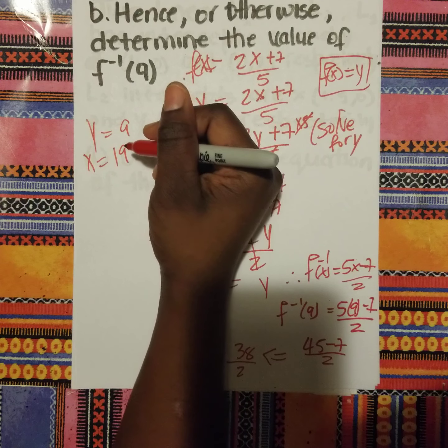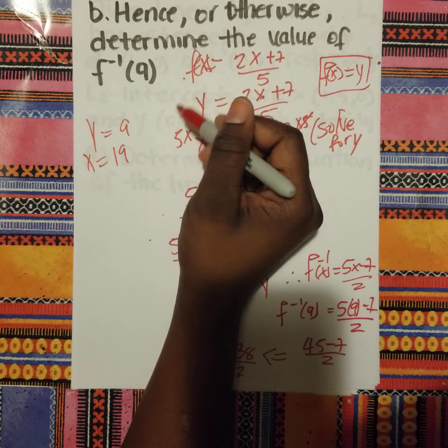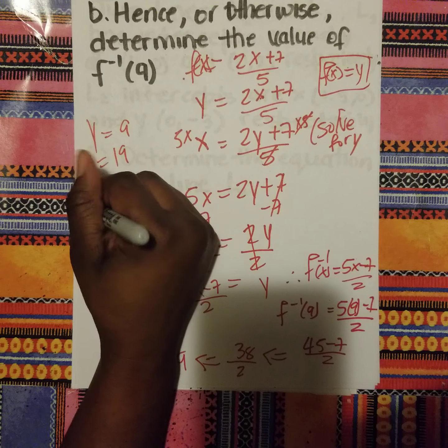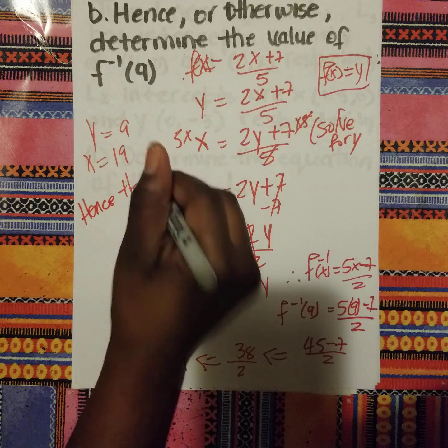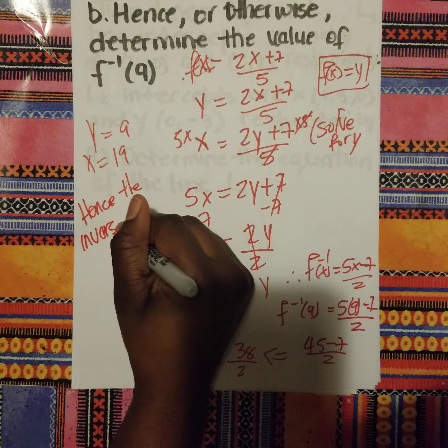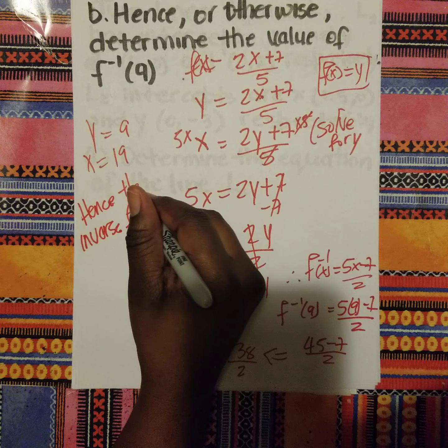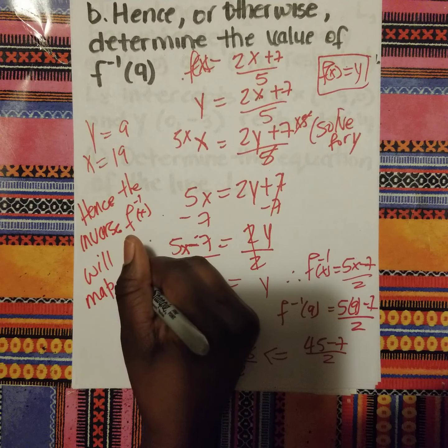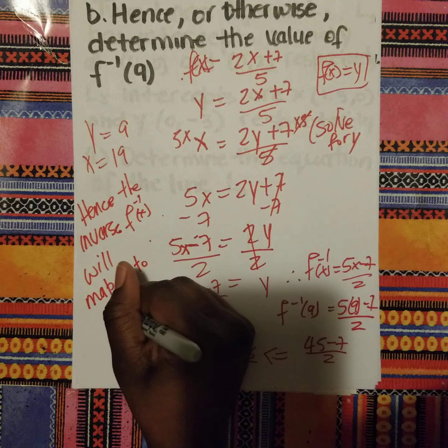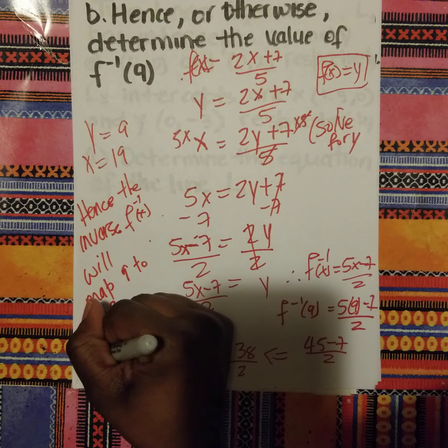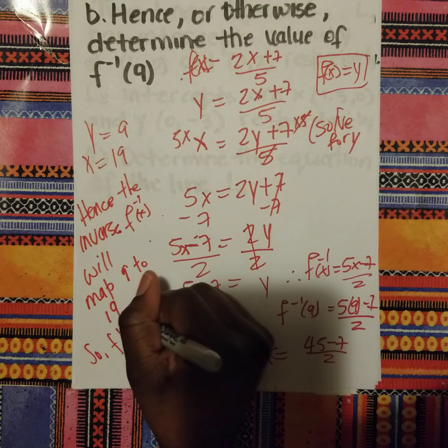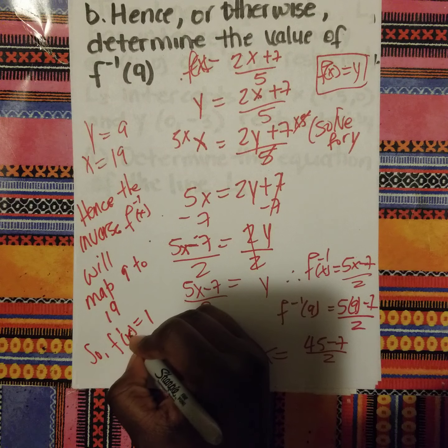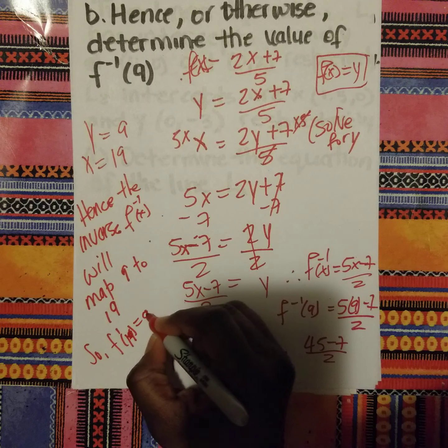That means the function f that was given maps 19 to 9, as I was saying earlier. So you can say, hence, the inverse of f, which is f inverse of x, will map 19 to 9. Therefore f inverse of 19, because x is now 19, is equal to 9.